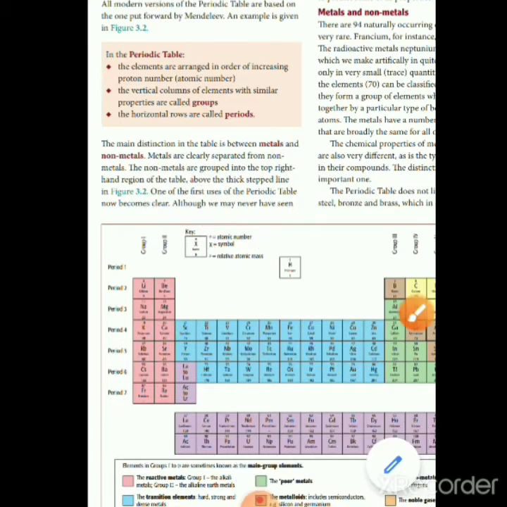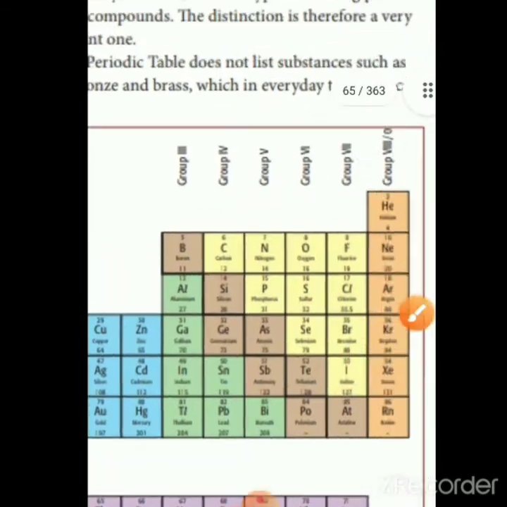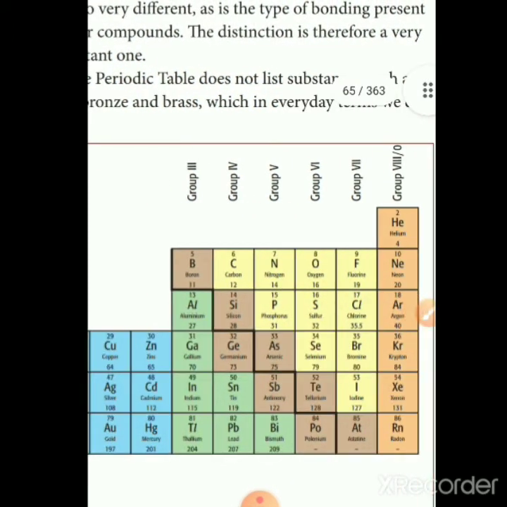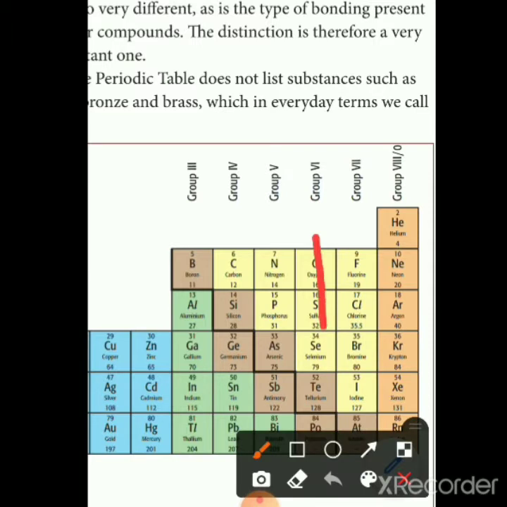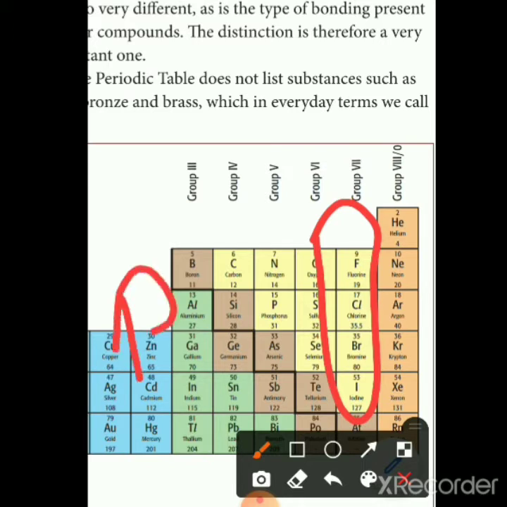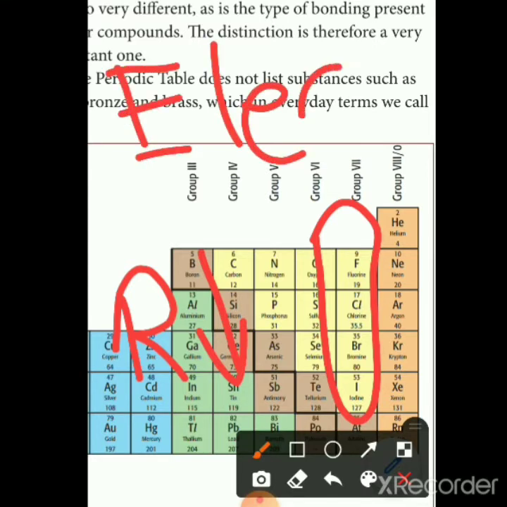Now, another important group is group number seven, the group of halogens. In this case, the most distinctive feature is that when we move from top to bottom, reactivity decreases. What is the reason behind it? They are well known for a property called electronegativity.